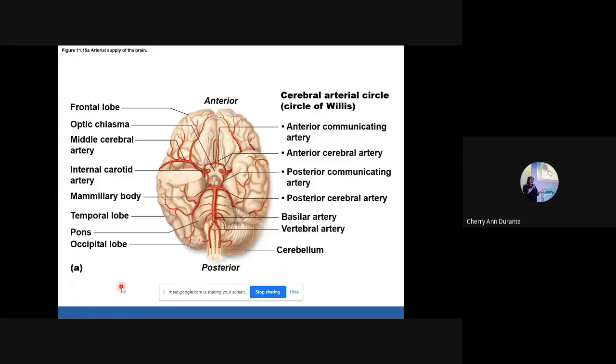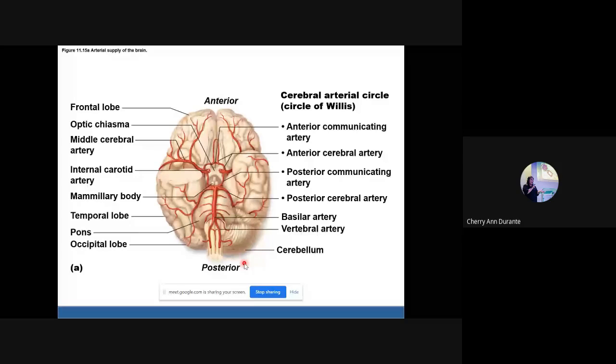So this is now your artery inside the brain. So very important because as you can see, the brain needs a lot of oxygen as well. So you have here, I want you to see the circle of Willis. So this is known as the cerebral arterial circle. And this is where most, now I'm not gonna say all, but most of your strokes happen.